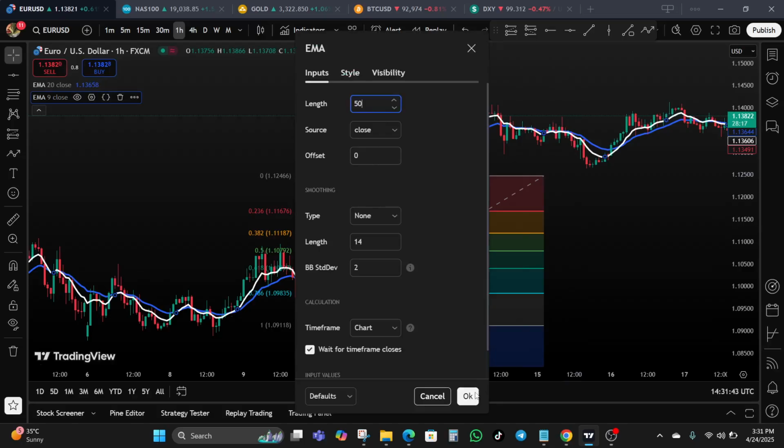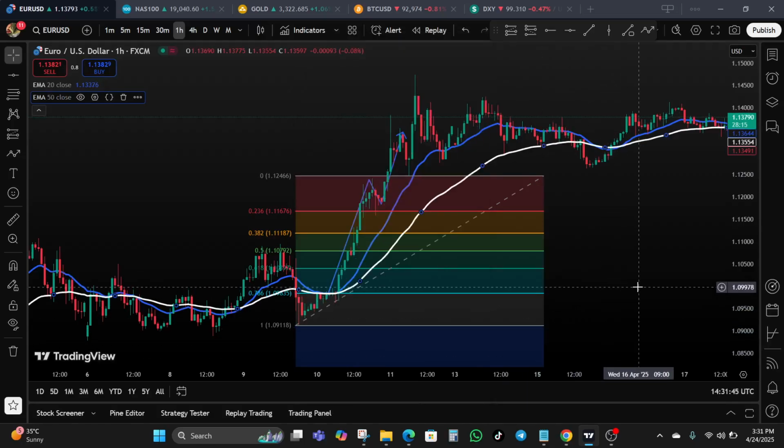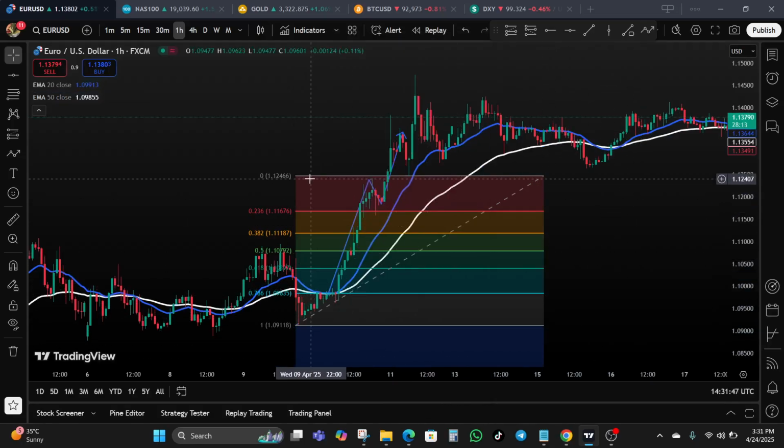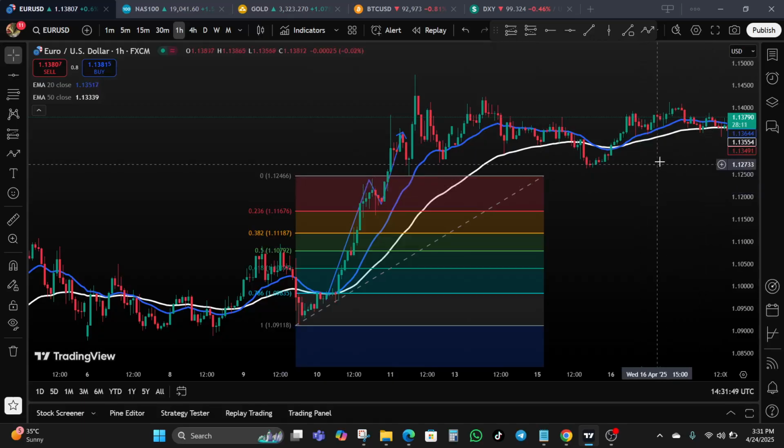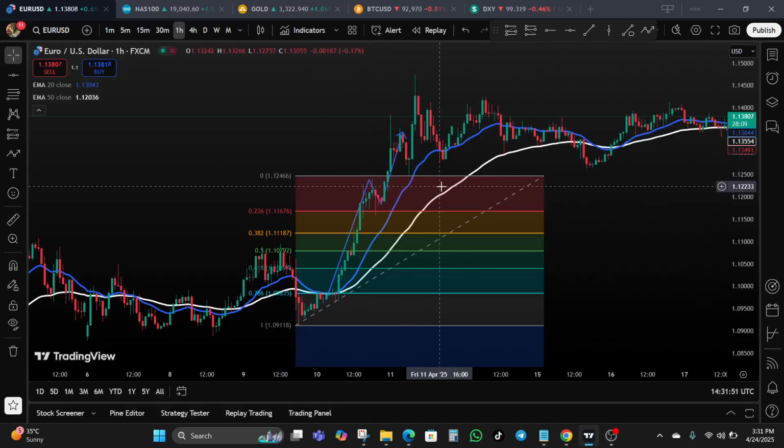These moving averages provide dynamic support and resistance on the chart. During a trend, price often pulls back to these EMAs before resuming. Use them as zones, not exact lines, for entries with confluence from wicks or engulfing candles.